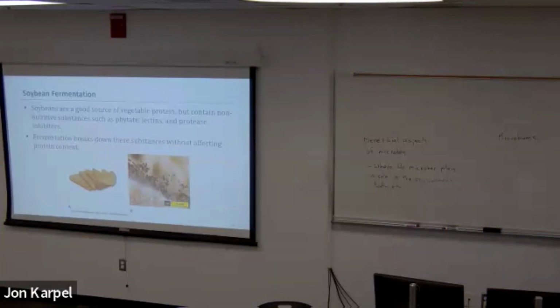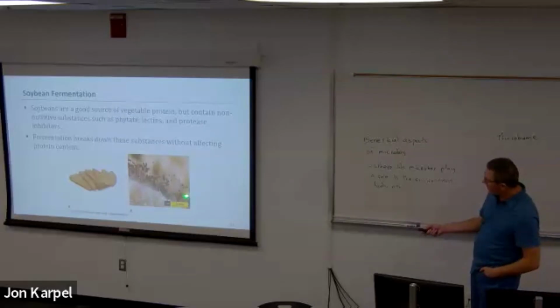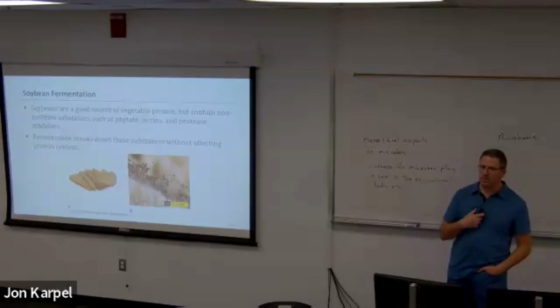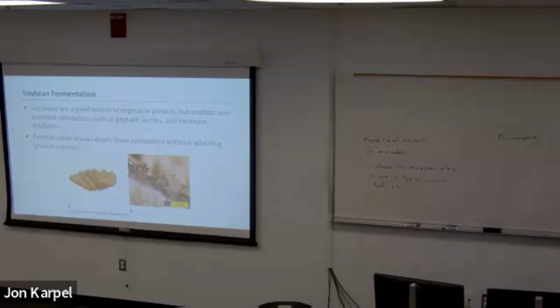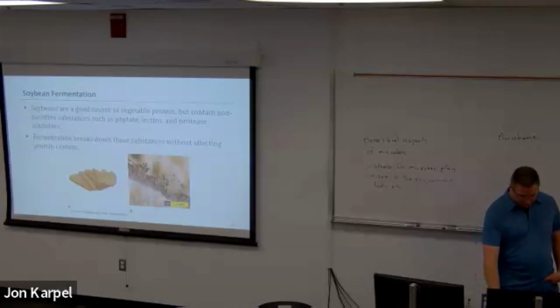Soybeans. This is another one that's fermented a lot of times. Soybean is used as a vegetable protein, but you have a lot of other things as well. This is called tempeh, which I'm not sure everyone knows. It's also produced from soybeans, and the mold that is used for that is Rhizopus.